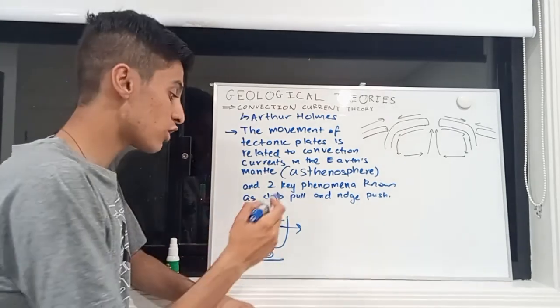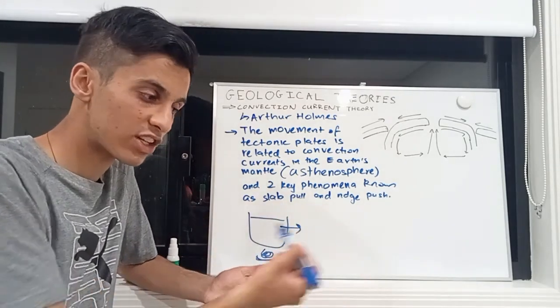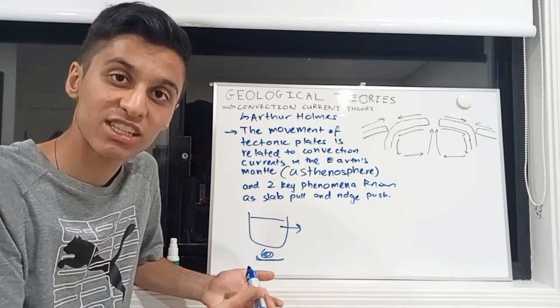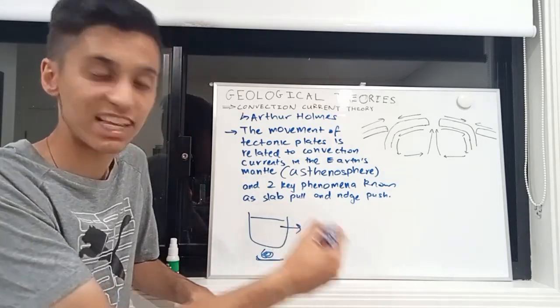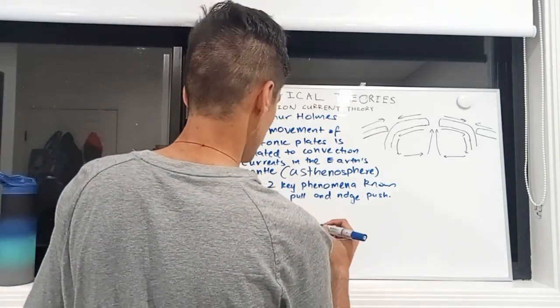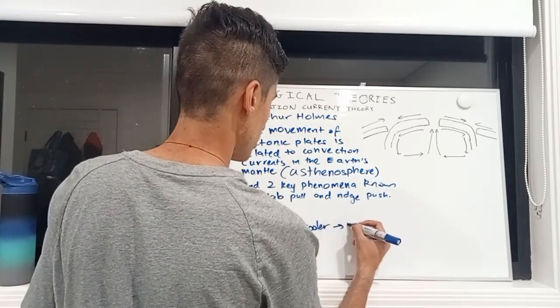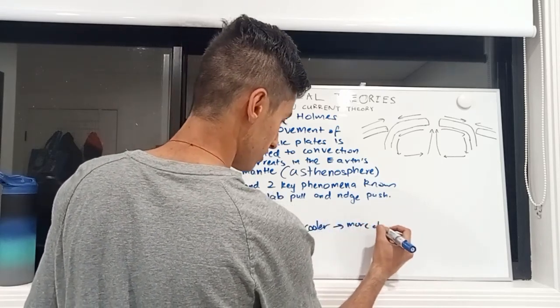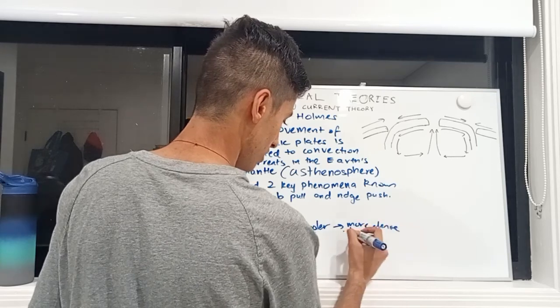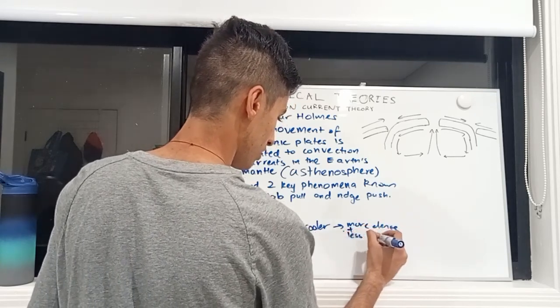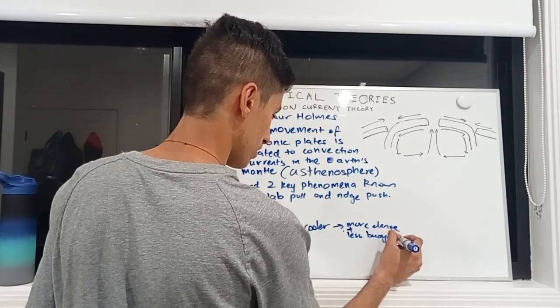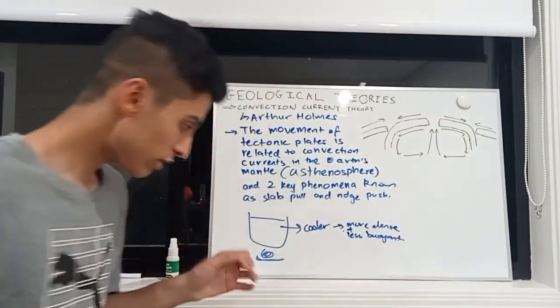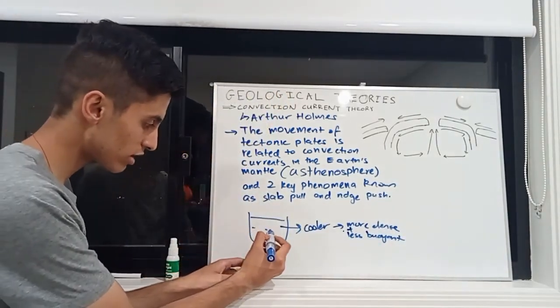Now, since this is a colder fluid, it contracts and hence is less buoyant. It's more dense and less buoyant. Since it's cooler, more dense, less buoyant.